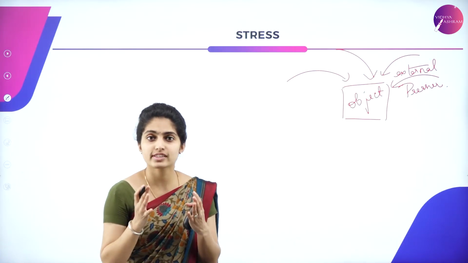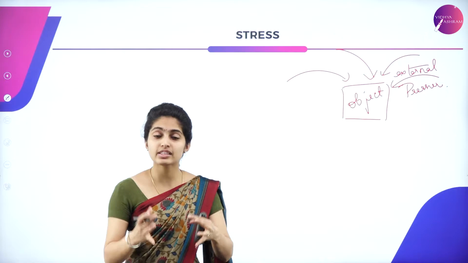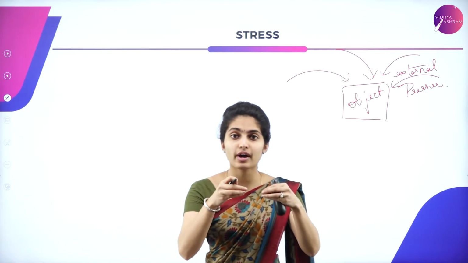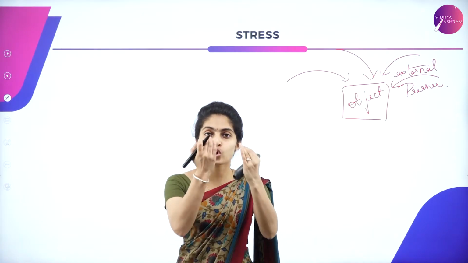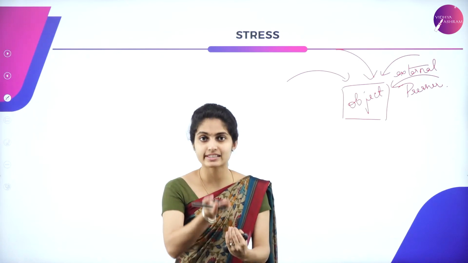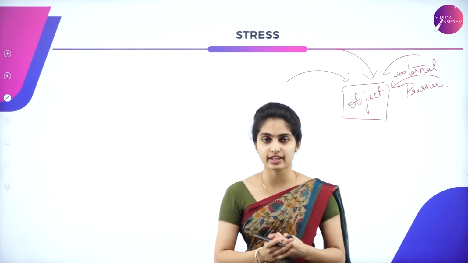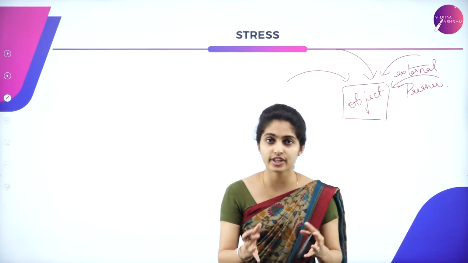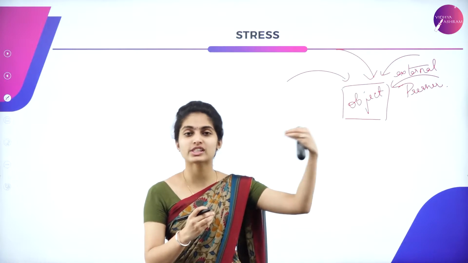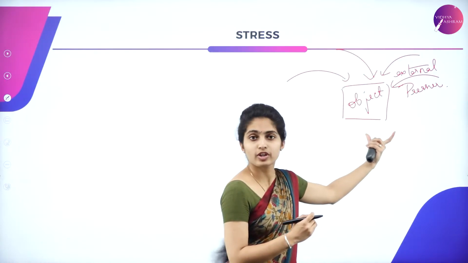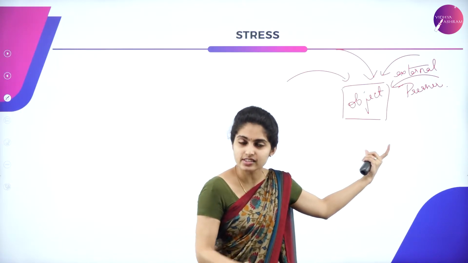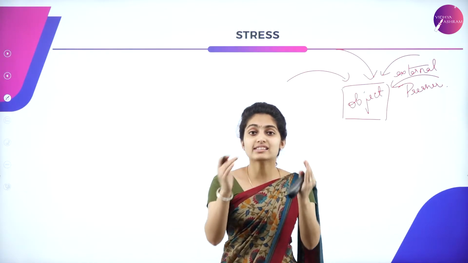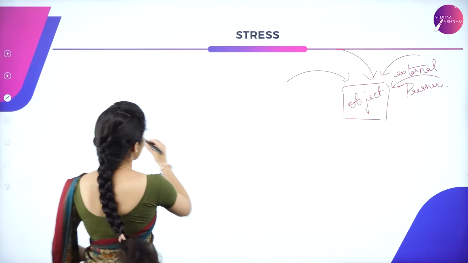Stress is the external pressure you apply on an object such that the object undergoes deformation as well as regains its original position. There is a deforming force applied on an object, because of which it undergoes deformation and again comes back, that is, it is restored back. So there is an internal restoring force.